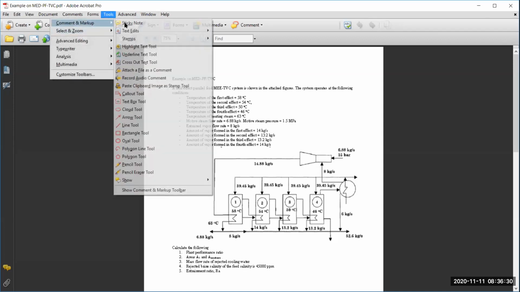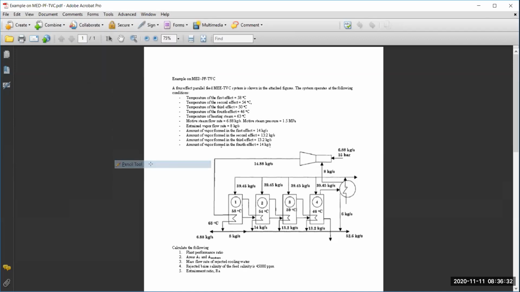And let me see if I can be able to write here on this screen or not. Oh no, it seems that I'm not able to do it in this mode.